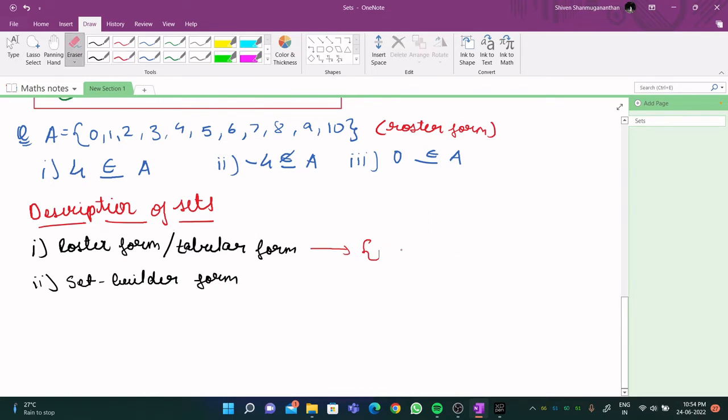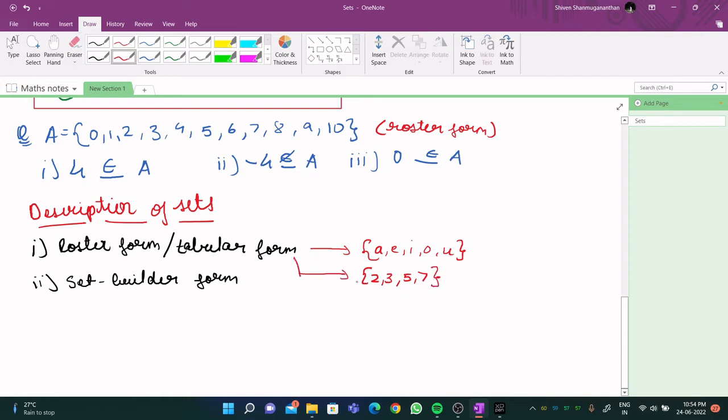Let me make this correct. a, e, i, o, and u. Okay. So another example will be set of all prime numbers less than 11. This would be pretty simple as well. The first prime number we have is 2, 3, 5, 7. Now it says less than 11, not less than or equal to, just less. So this is where our set ends.